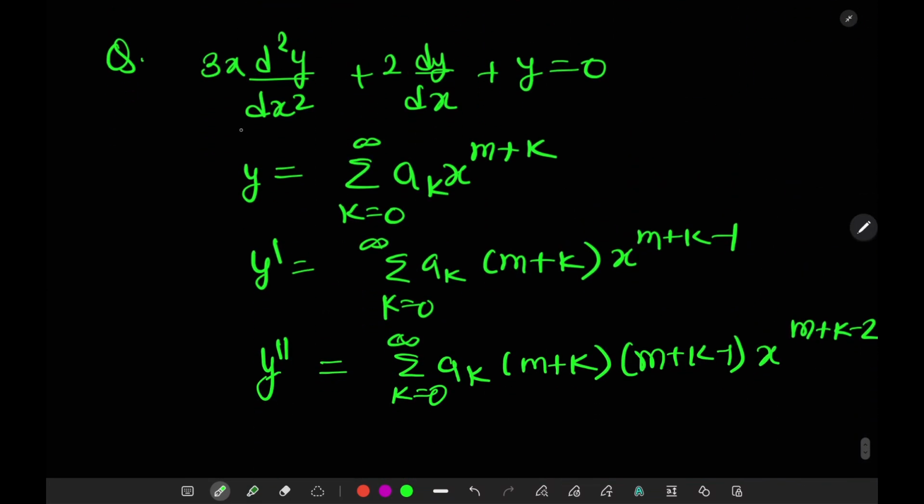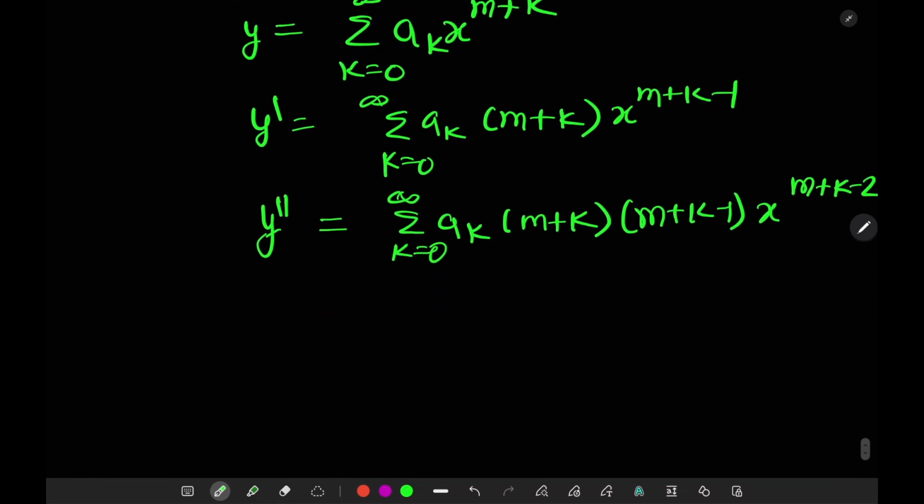Now put this value in the given condition.